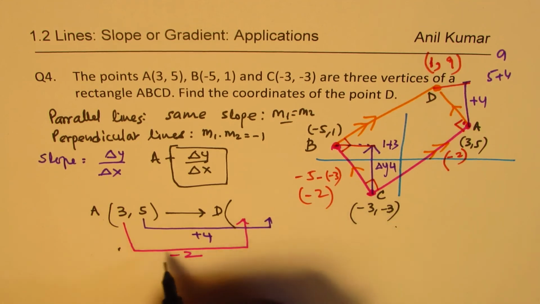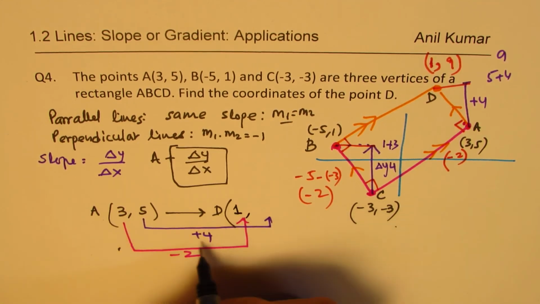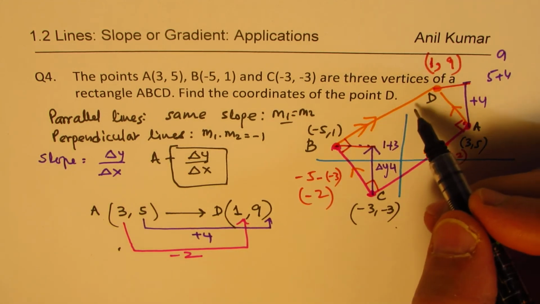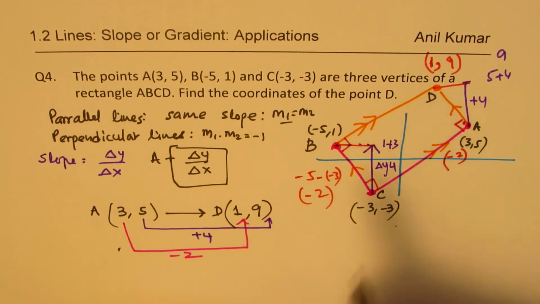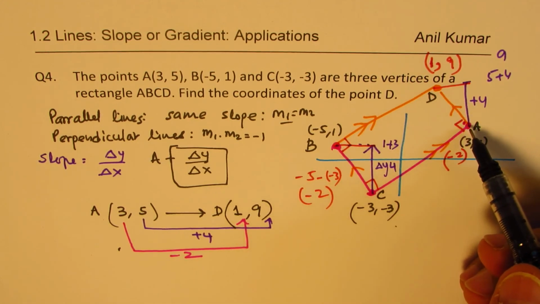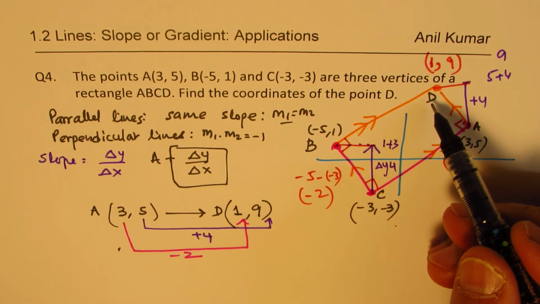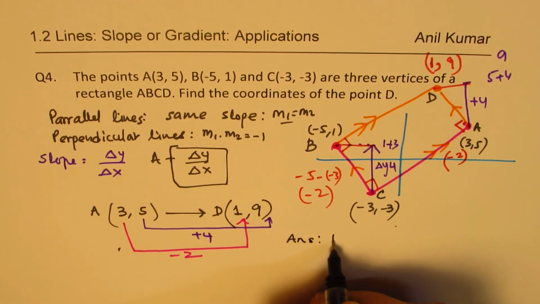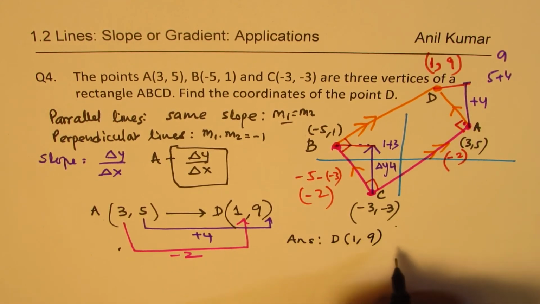So once I do that, minus 2 of 3 is 1, adding 4 to 5 is 9, I get my point. Do you see how simple this is? Now you could verify using the slopes for two adjacent lines and see that they are negative reciprocal indeed. Perfect. So our answer here is that point D is basically 1, 9.